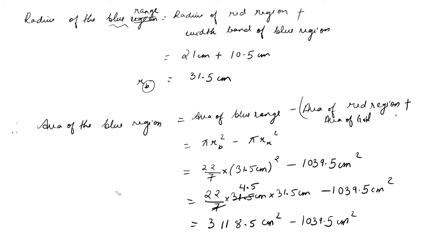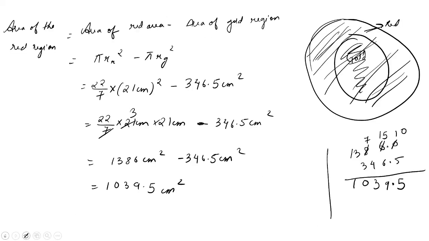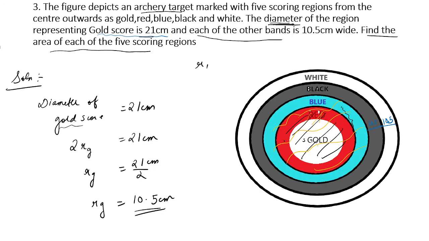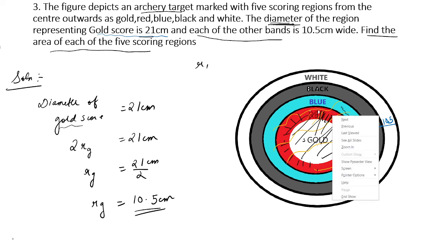Alright, some of you may be confused. Red region, what is the red region I'm talking about? Red region means I'm talking only about this red area. I am not talking about the gold at all. Clear? Red region means this only. Alright, so in order to get the blue region, I take this and I have to subtract this area. That means I have to subtract both red and gold. Clear?